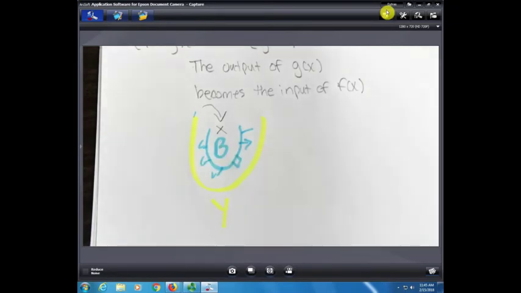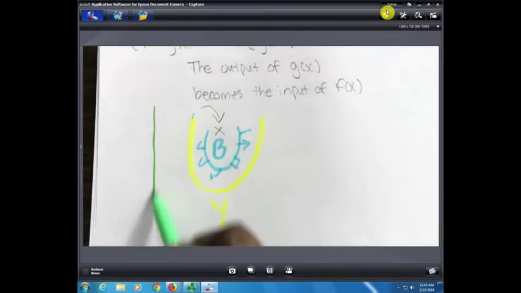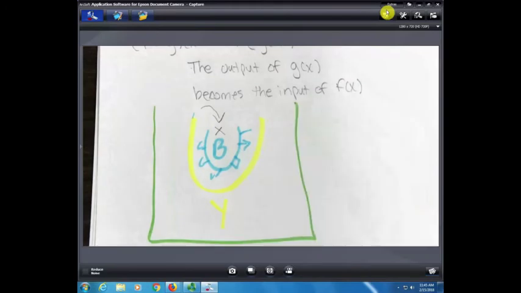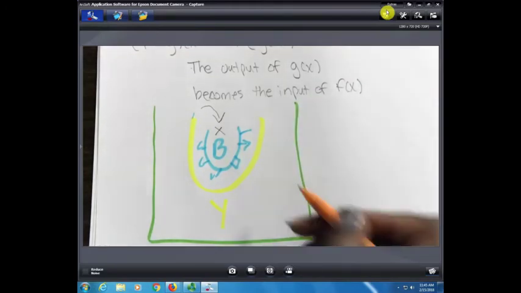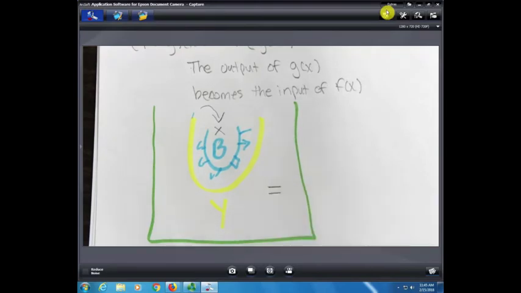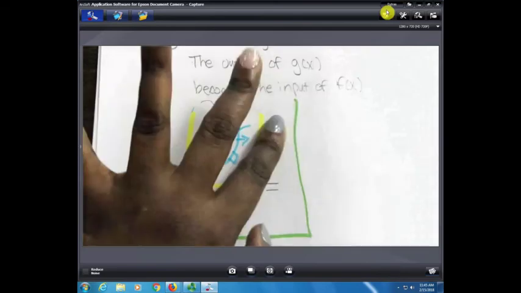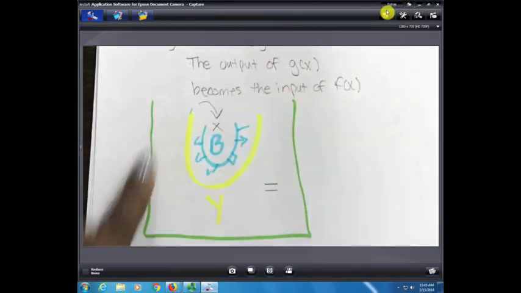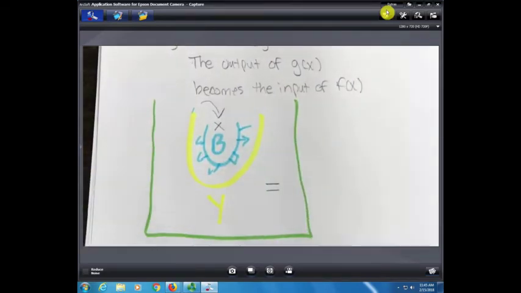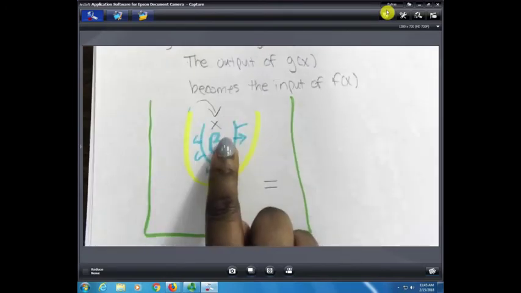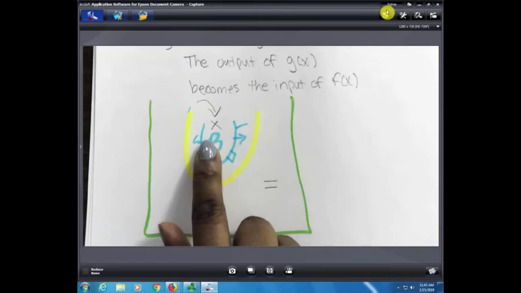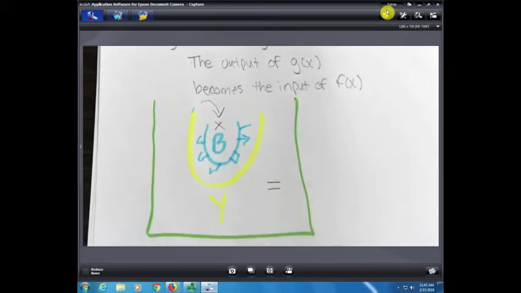And this whole thing is actually the green function. So you have a function within another function to become another function. And this outside function will take on the characteristics of the blue function and also the yellow function.